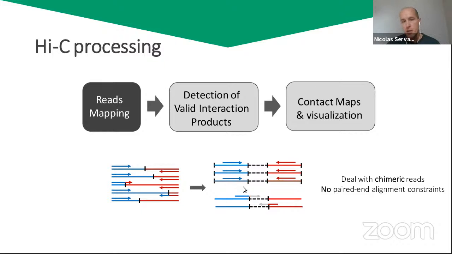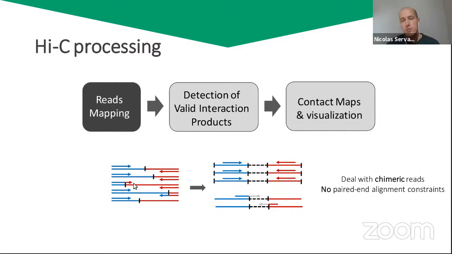A few tips about HiC mapping: first, you may have to deal with what we call chimeric reads, especially if you have one read spanning the ligation junction here, meaning that on the single read you will have the 2 interactors. So usually what people do is just map the 5' end of the reads.